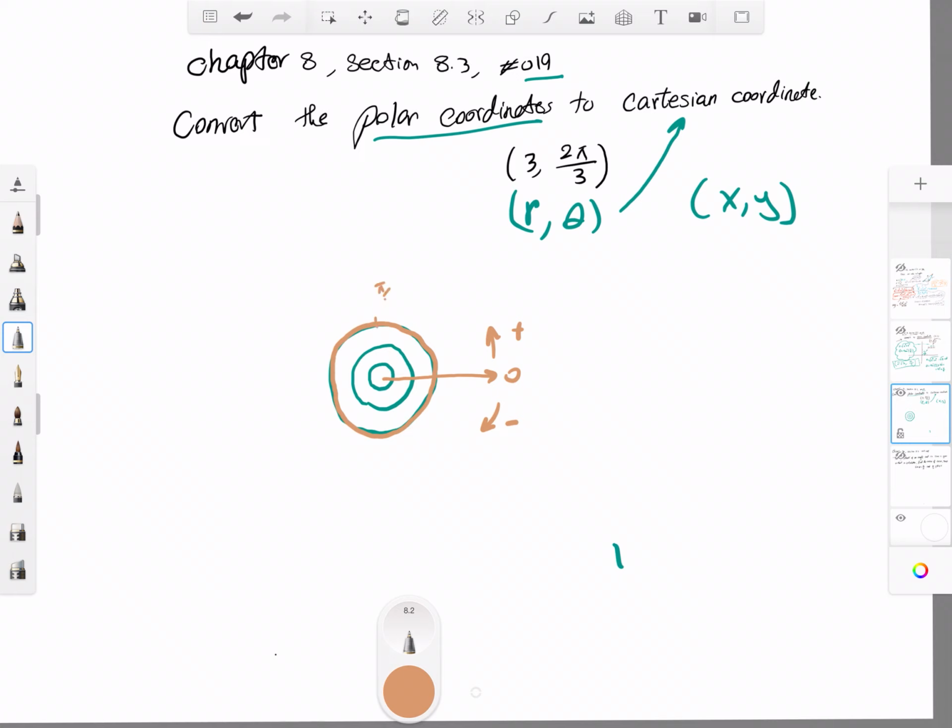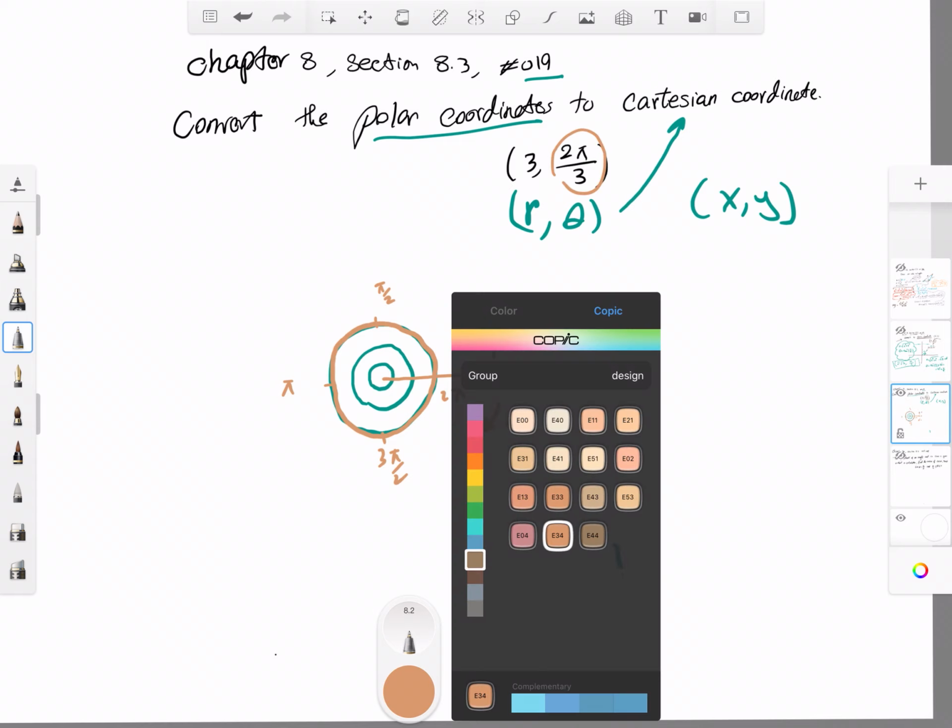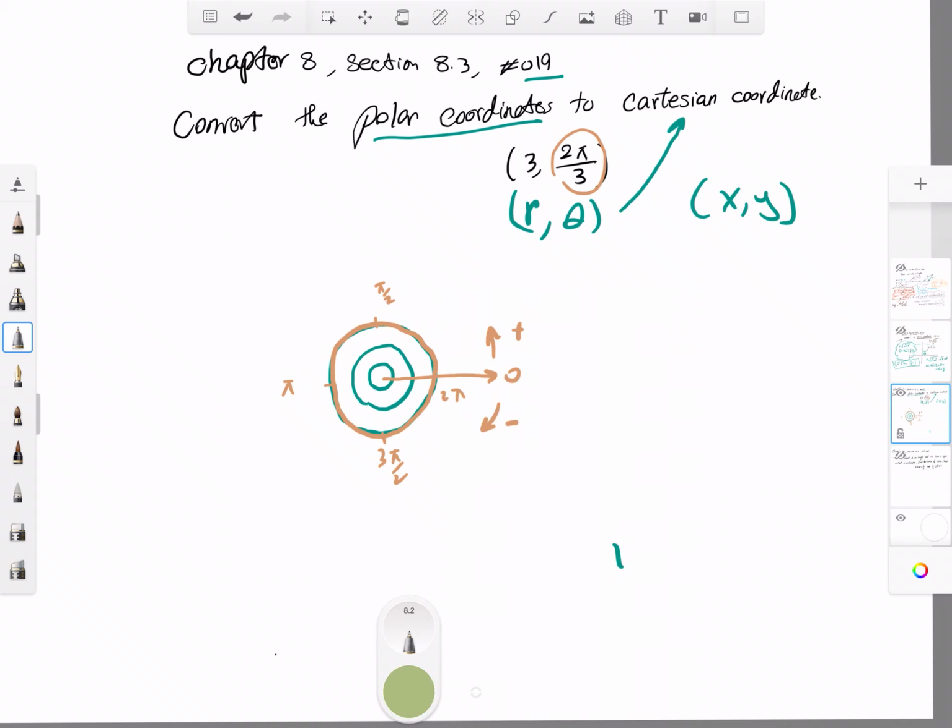Here is pi half, this is pi, here is 3 pi half, and 2 pi. So we have 2 pi over 3, which is like 120 degrees. 120 should be somewhere around here. So this is r, and theta is 120.